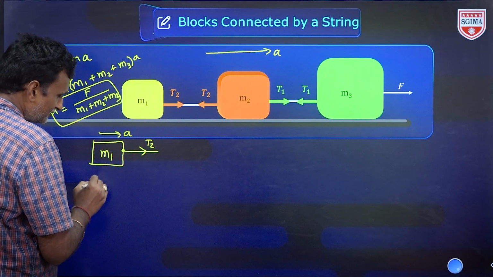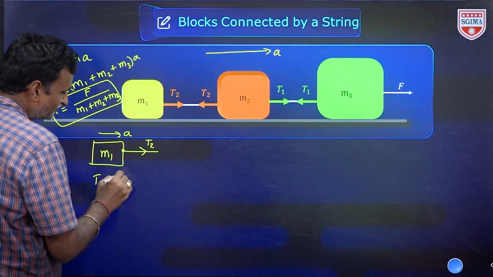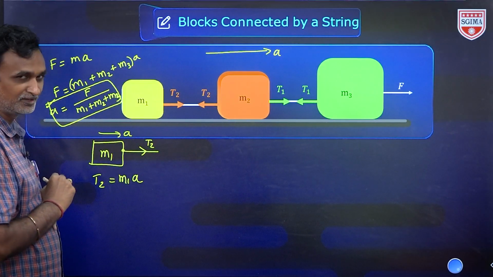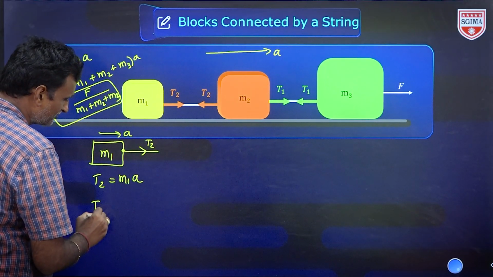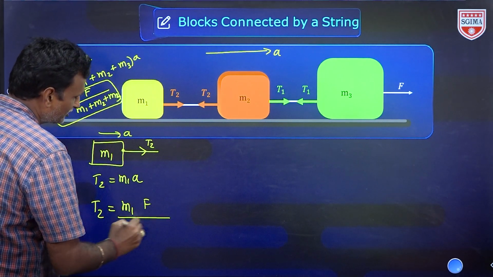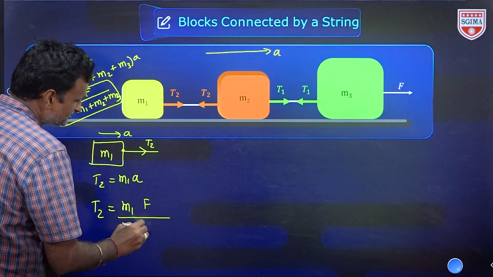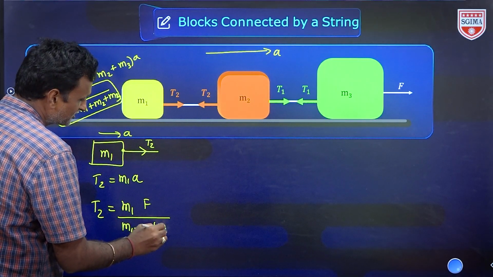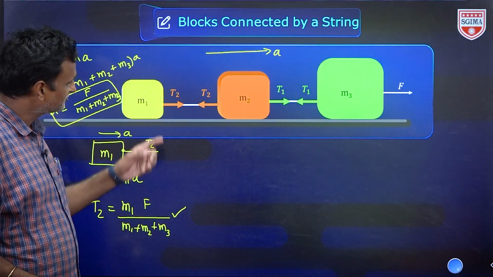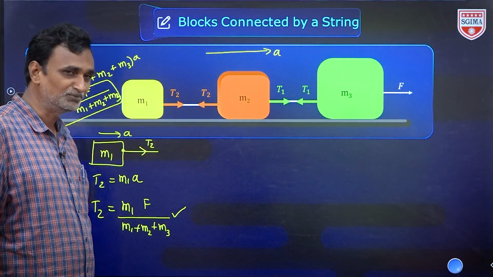Then T2 equals m1 a, and we substitute the acceleration value we already got: T2 equals m1 F upon m1 plus m2 plus m3. This is the tension in the string connected between m1 and m2.